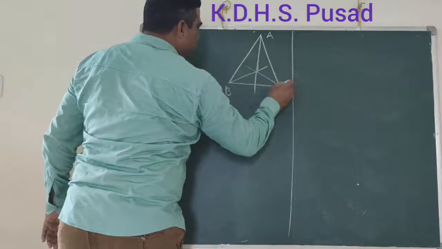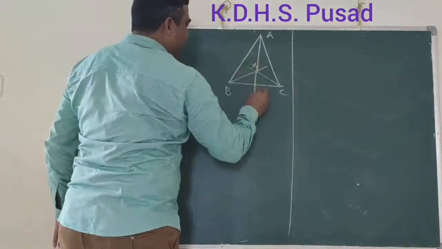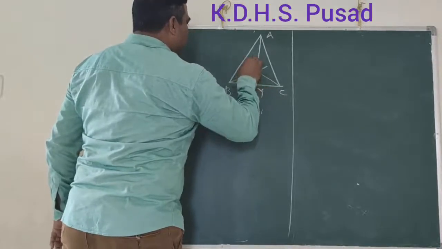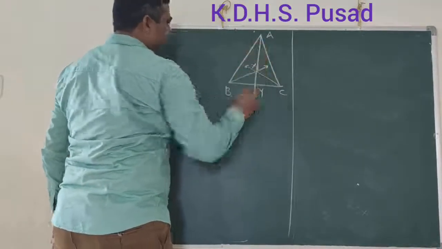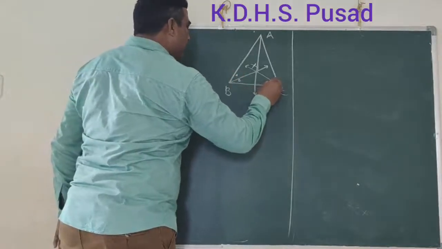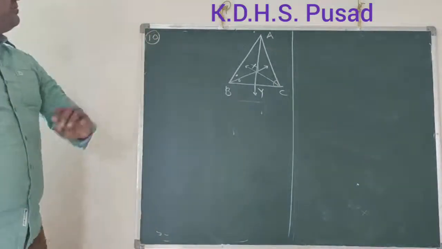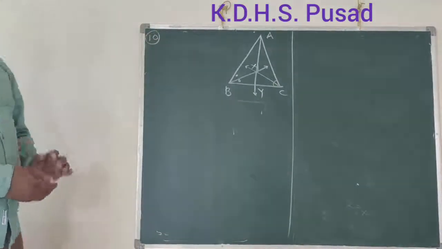A, B, C, X and Y. Such symbols are given. Now read the question carefully.